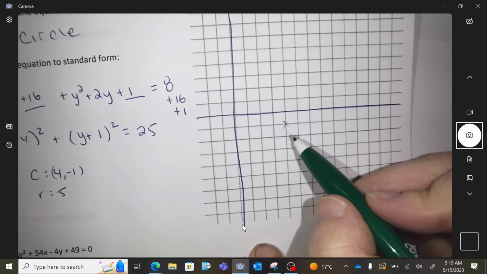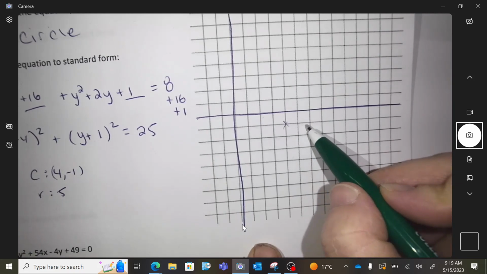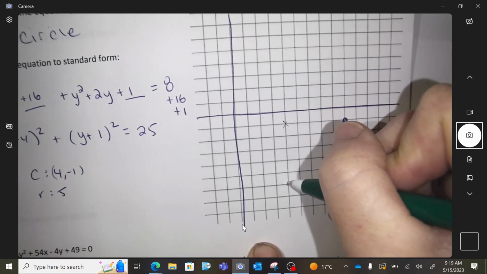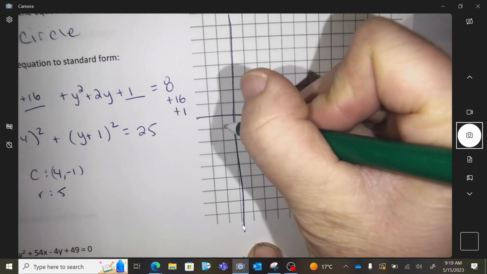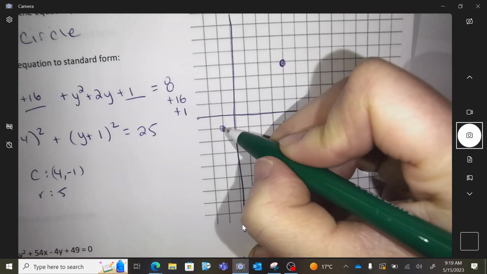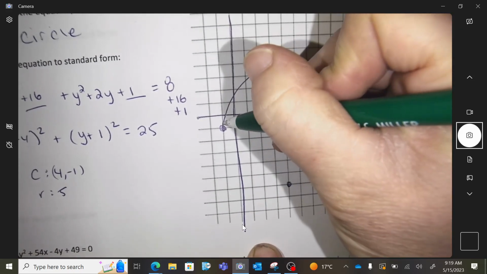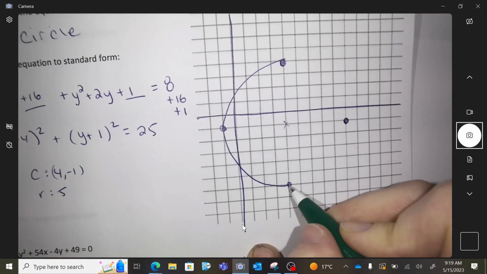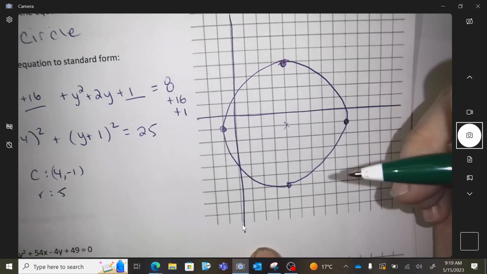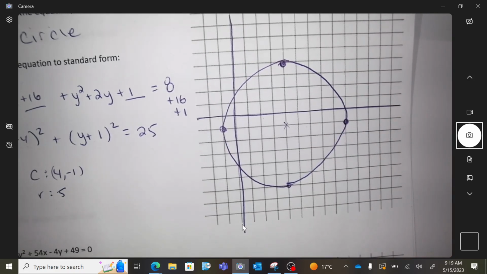So there's just your little light X, and then 1, 2, 3, 4, 5. I will not judge your circle drawing. I will not deduct to say this is not perfectly circular.